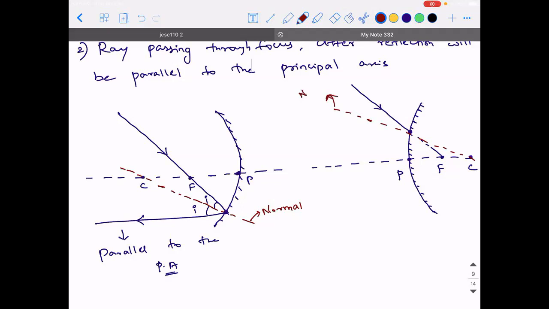See, all these things I'm explaining will not be in the textbook, guys. They will not draw normals and all. They would have given you the points. You will not understand what is the reason. So ensure you're copying it along with me. So if this is taken as the angle of incidence, after reflection, it will pass parallel to the principal axis.